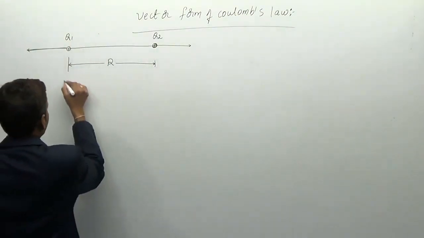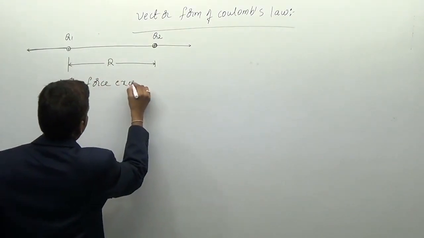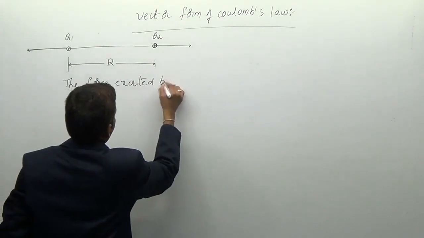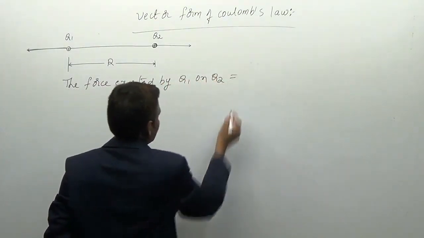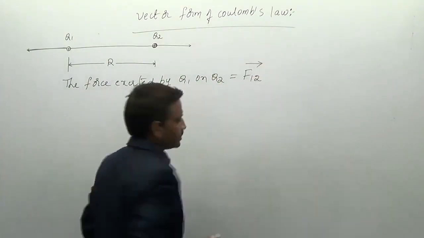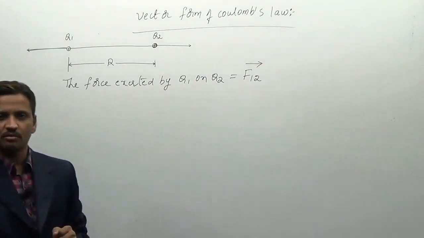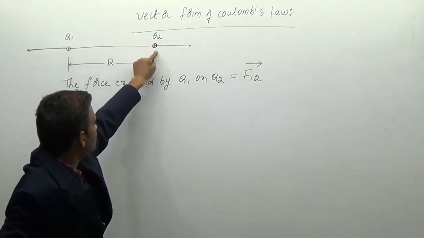That is, the force exerted by Q1 on Q2 is, let us say, denoted by F12 vector. This charge is exerting force on this.